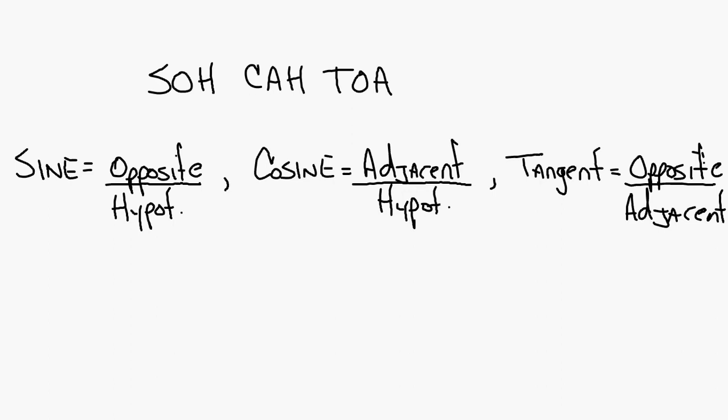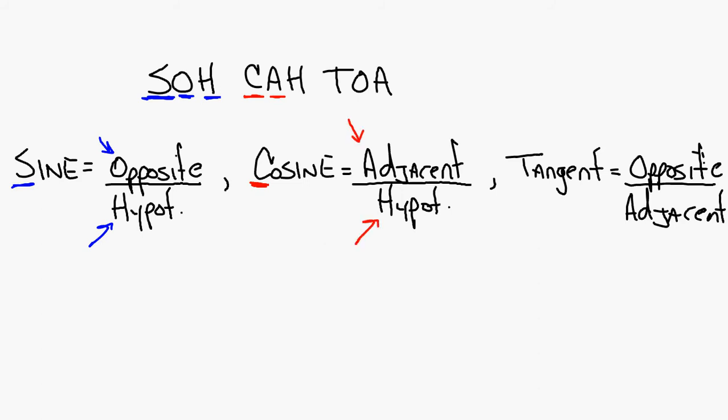Hopefully you see where the letters are coming from. The S-O-H, the so: sine equals opposite over hypotenuse. Alright? In the CAH of SOH CAH TOA, the C is for cosine equals adjacent over hypotenuse.